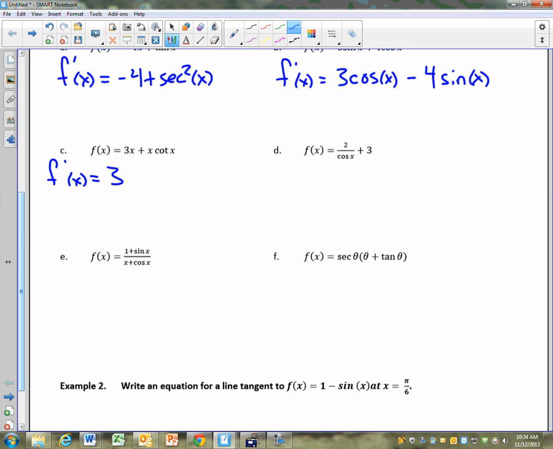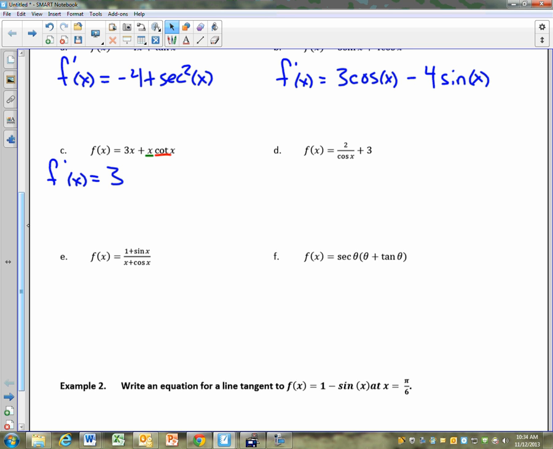Got an x times a cotangent of x. That requires us to use product rule. So you can see this right here. That's the product rule. You have one thing that's a function times another thing that's a function.